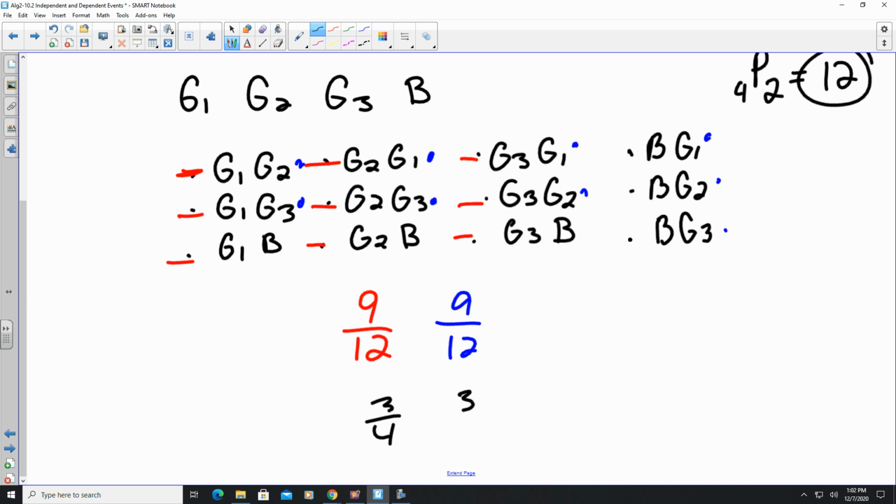Multiplying together, this turns into... All right, sorry. So 3 fourths times 3 fourths gives you 9 over 16.